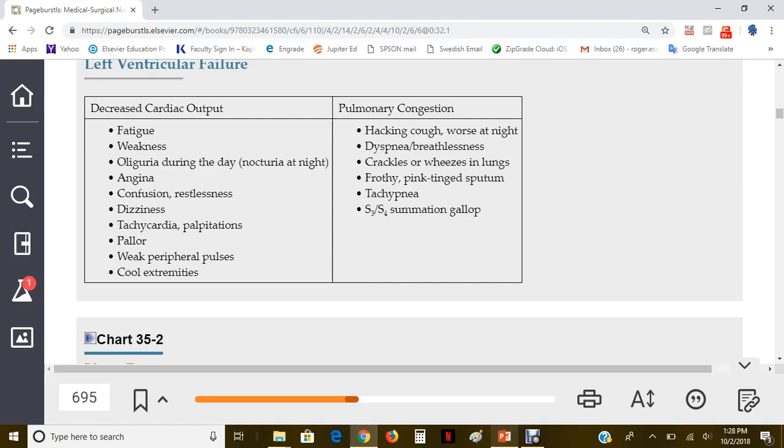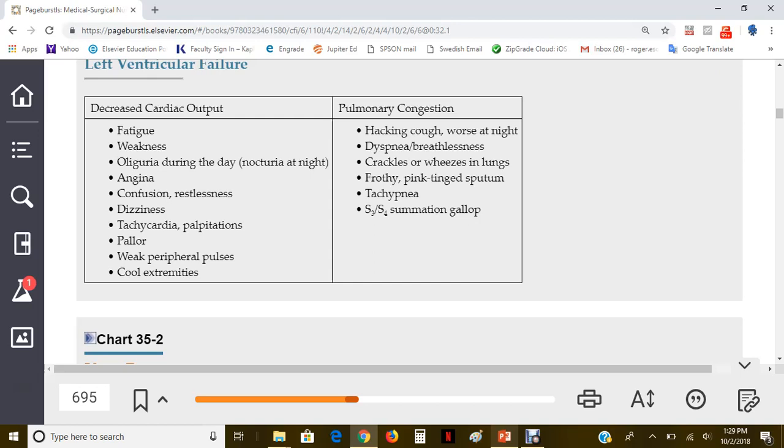There will be oliguria, which is less than 400 ml urine output per day, while there is increased urine production at night. The reason for this is the metabolic demands are naturally higher during the day because you're more active, and as the metabolic rate decreases during the night, everything slows down and oxygen demand decreases systemically.